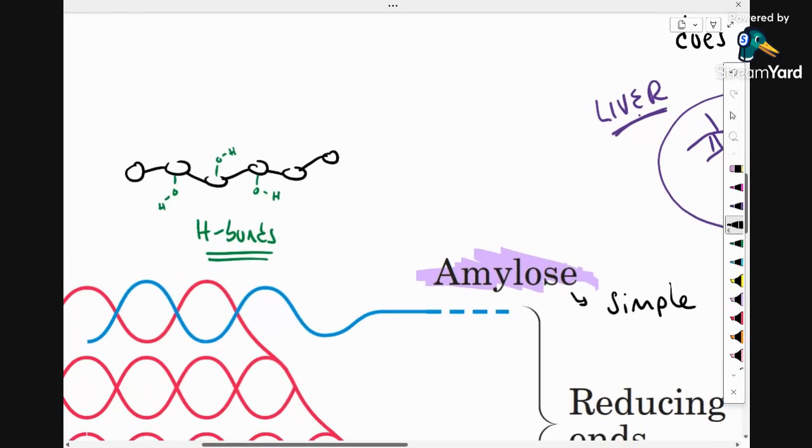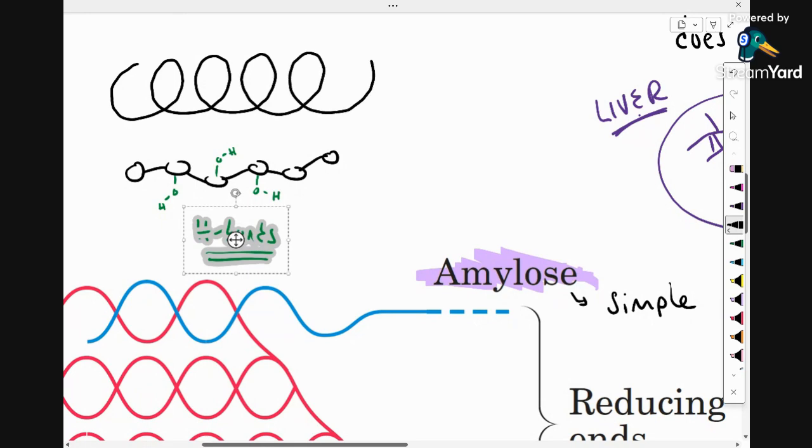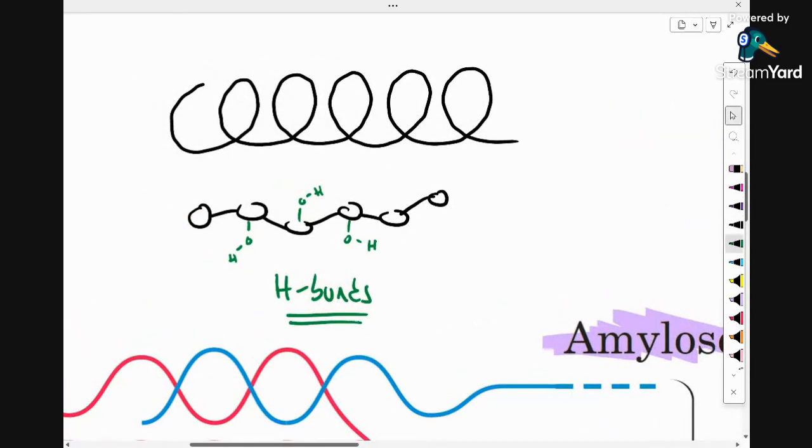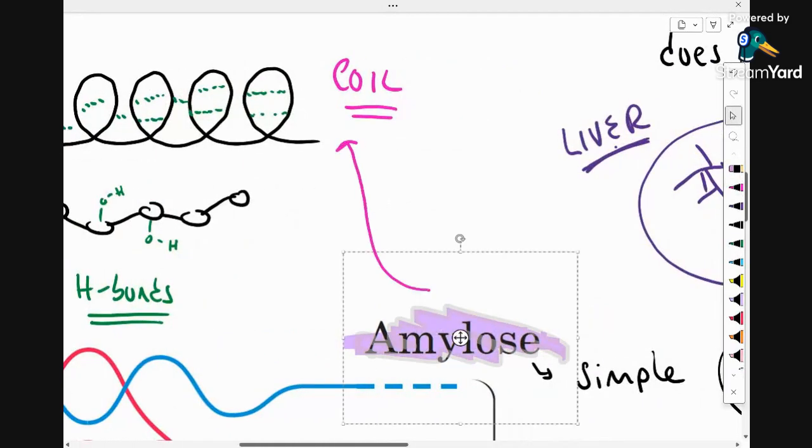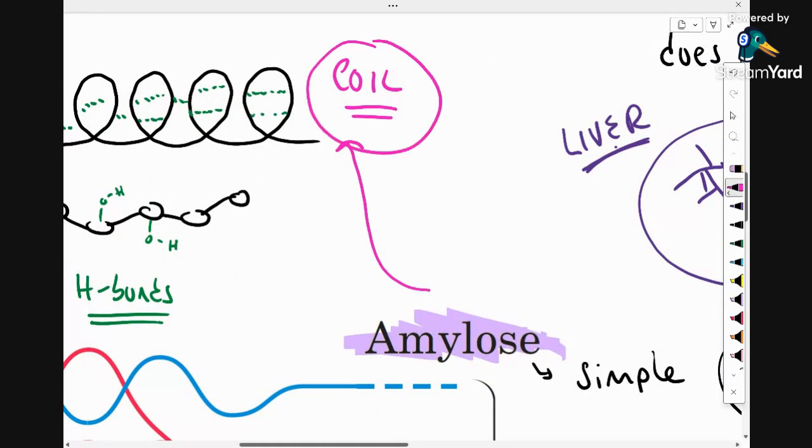So amylose can start to coil up like this. You've got alpha-1,4 glycosidic bonds, but also hydrogen bonds, intermolecular forces between delta negative oxygens and delta positive hydrogens, that form a coiled structure. That's really important: amylose forms a coiled structure, and this means it is very compact.